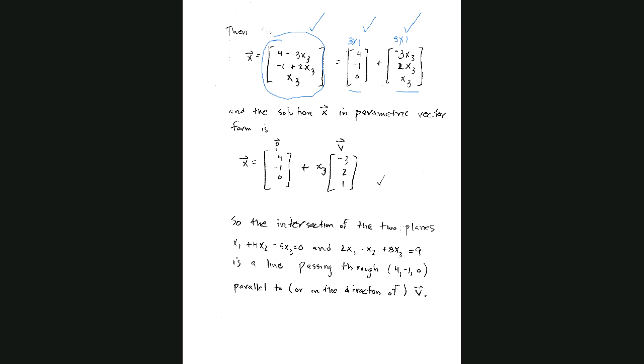And you might wonder, why do we want to do that? Because it's going to help us write it in parametric vector form. Below is the parametric vector form for this solution.